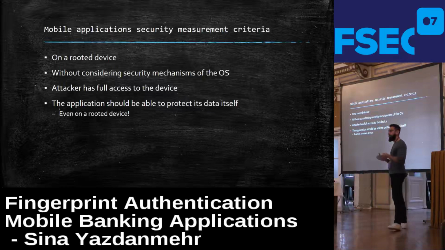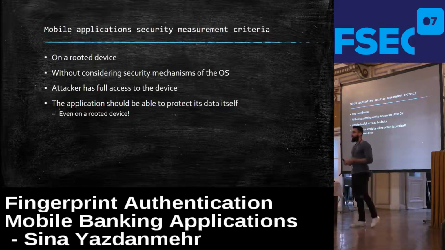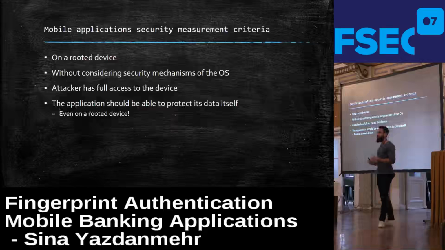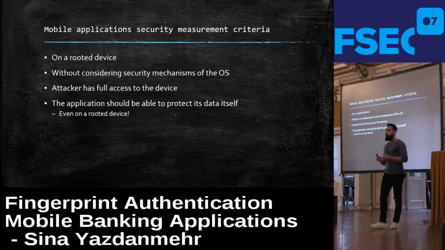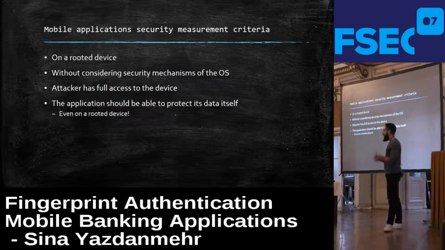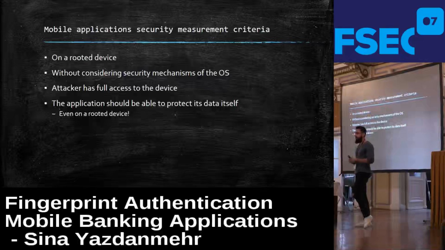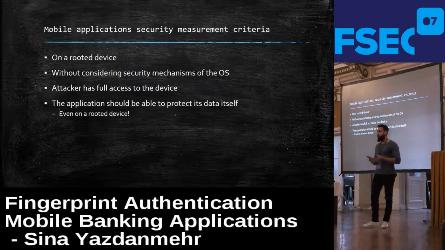Under those circumstances, a secure application must be able to protect its data, confidential and secure. So we assume that all security mechanisms of the operating system are already disabled, and the application is responsible for its security.